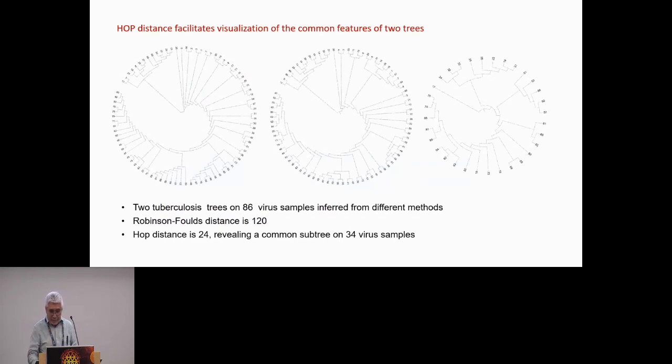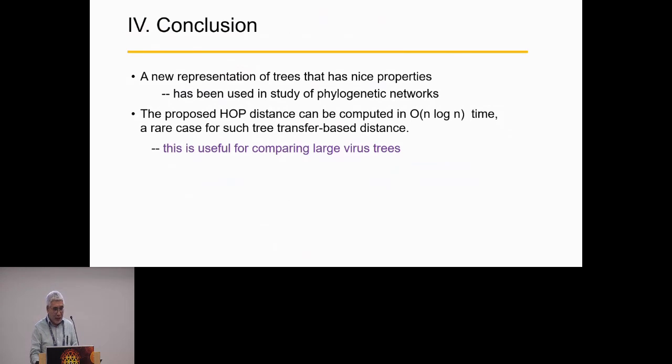Okay, so I think that's all. Basically, we introduce a new tree representation. It has some nice properties. Using this, as I mentioned earlier, we define a hop distance.